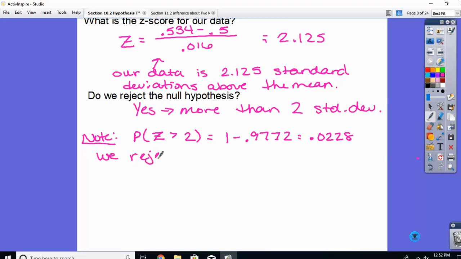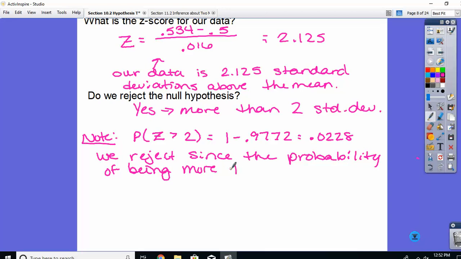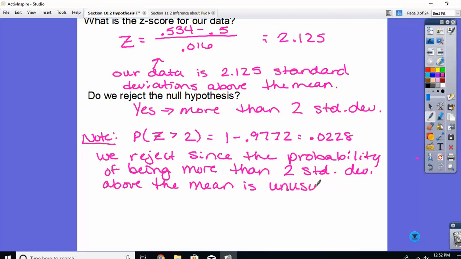So we reject. So that's just another way to support the decision that we made.